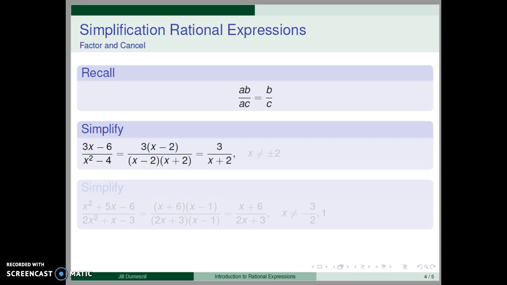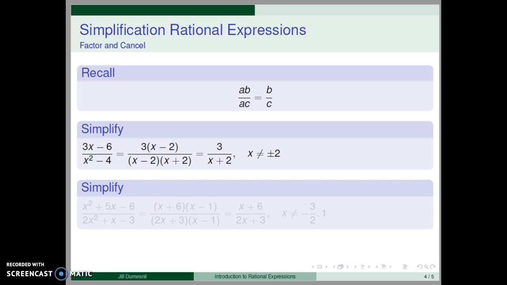Then the common factor of x minus 2 cancels, leaving 3 over the quantity x plus 2. Of course, we still have the restriction that x cannot be plus or minus 2. In particular, we must specify that x cannot equal 2, since we've canceled that restriction in our algebraic work.